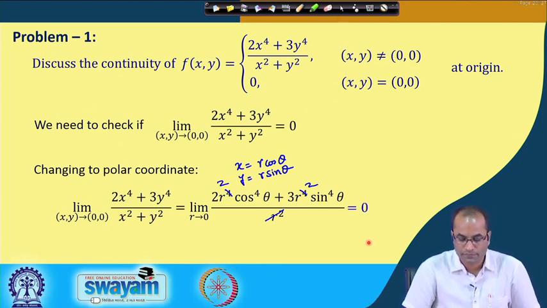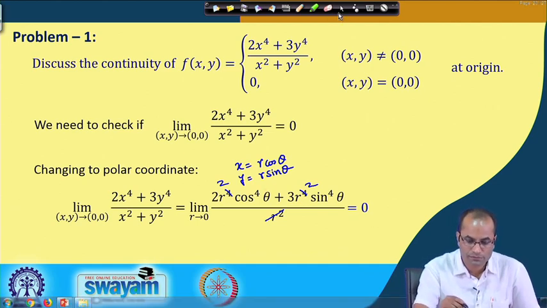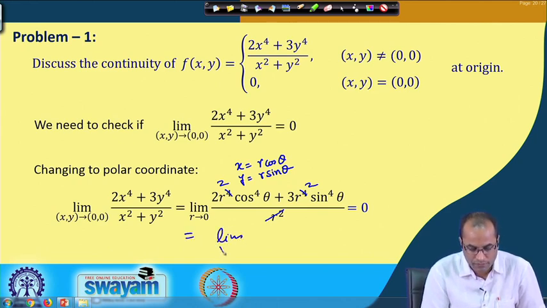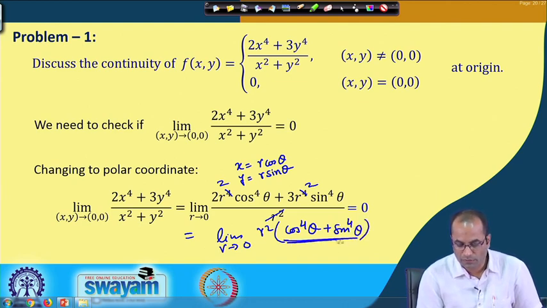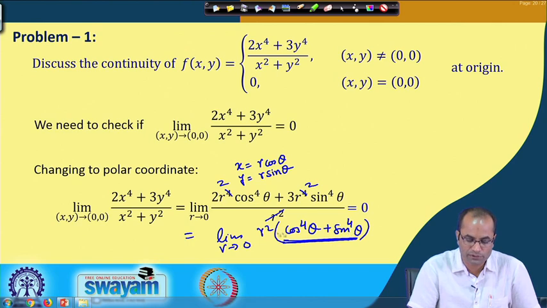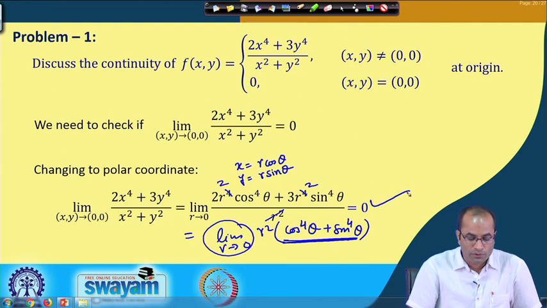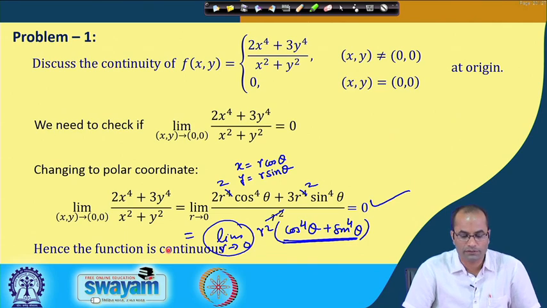So let us just see, this will become the limit as r goes to 0 of r square times cos^4 theta plus sin^4 theta, and since cos^4 theta plus sin^4 theta is a bounded function, when r goes to 0, this limit will be 0, and the function value at (0,0) is also 0. So the function is continuous.